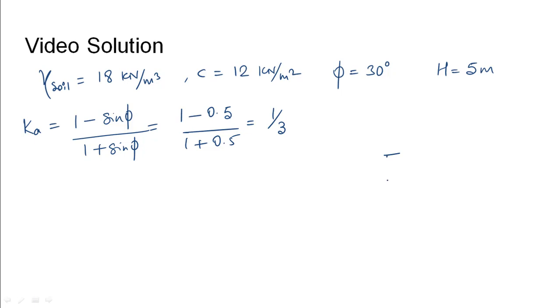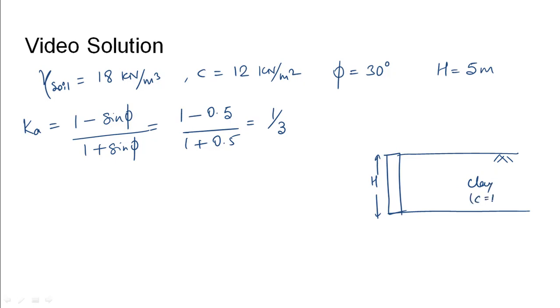Now we know the retaining wall is somewhat like this, which has a height of h, that is 5 meters. It has a soil behind it, which is clay, that is cohesion of 12. So here, since we are assuming design purposes, we will neglect the first negative triangle and consider the whole bottom triangle for the lateral active earth pressure.